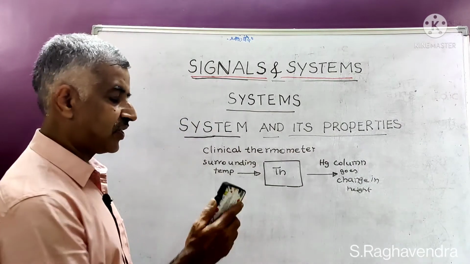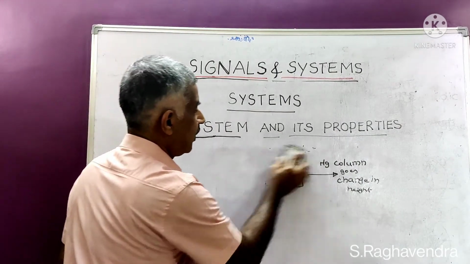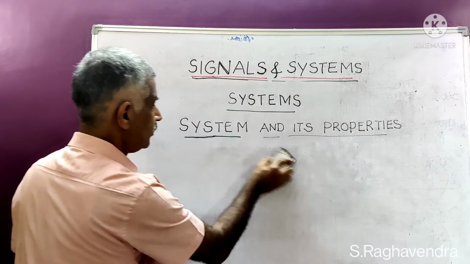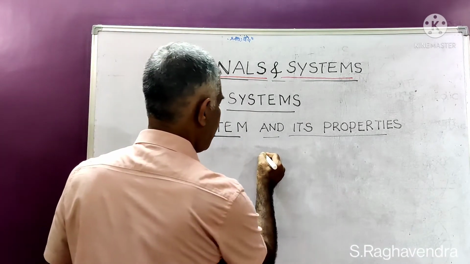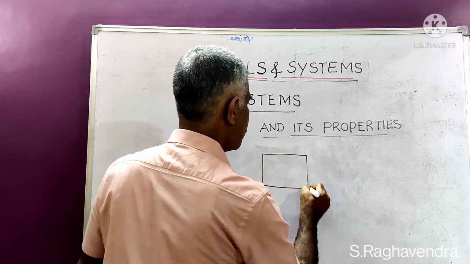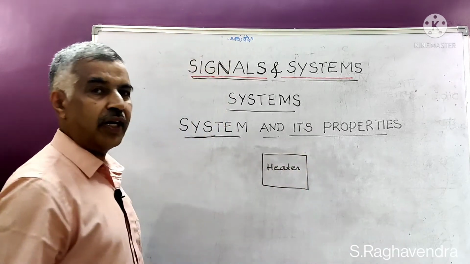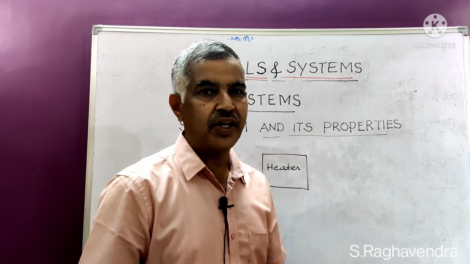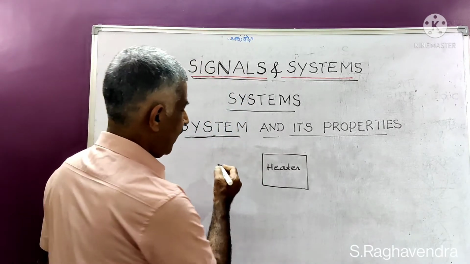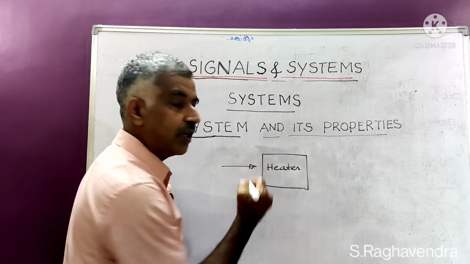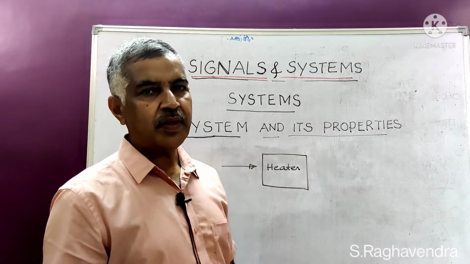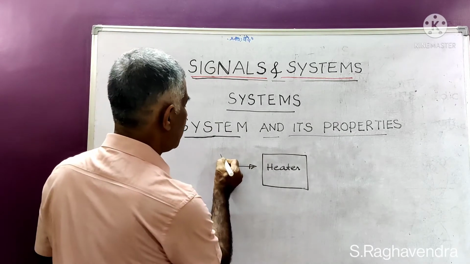Now I will take the next example, a heater. Heater is another example, a best example of a system. As you know, heaters are abundantly used in chemical processing industries, where for a heater we have to give electrical input, that is, voltage input.